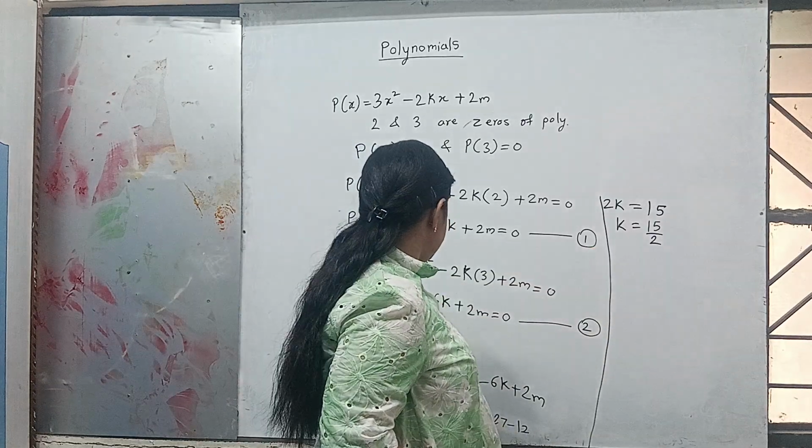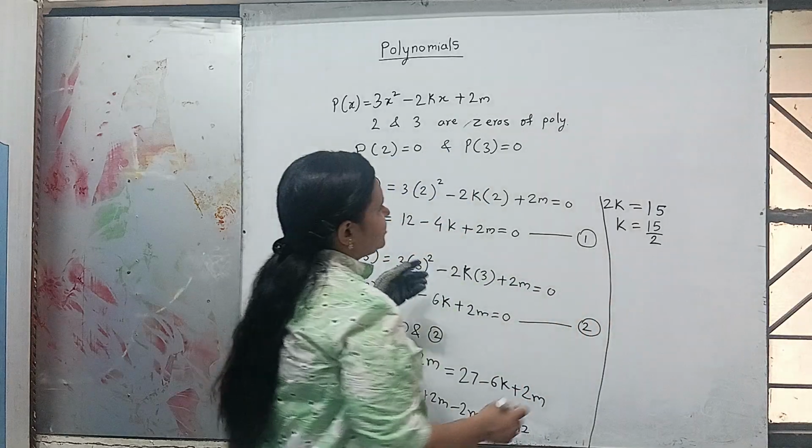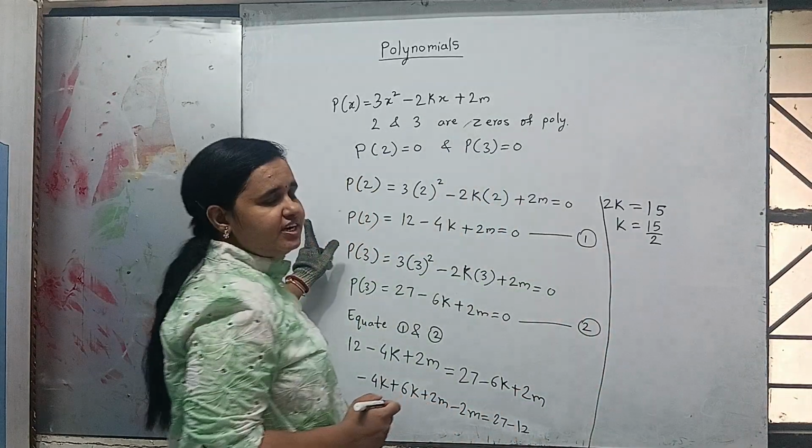Anyway, we can check it by putting the value of k equals to 15 upon 2 in either of the equations.